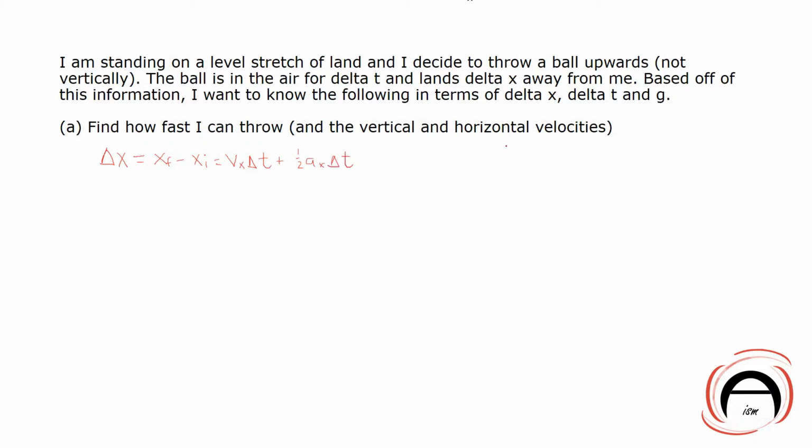And let's not forget our axes and our graph. So let's just draw a little bit of a situation here. So here I am, and I decide that this ball is going to go like this. And let's say it just lands over here.